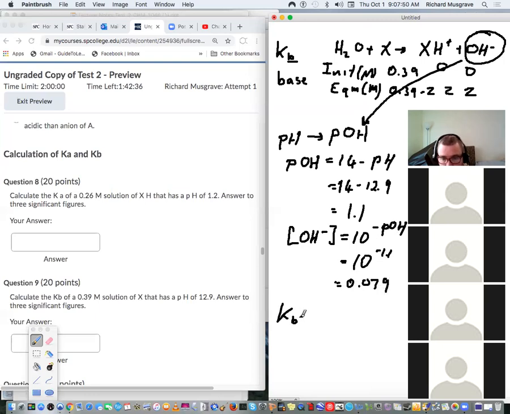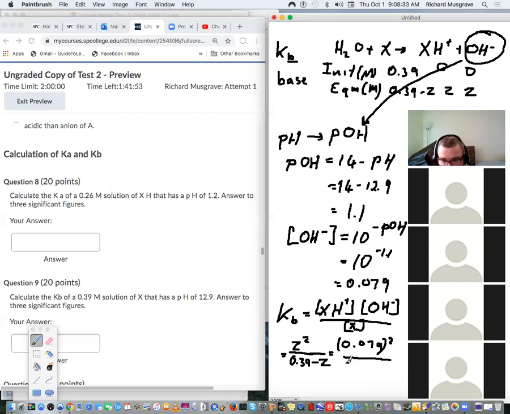And we do the same thing as we did previously. So the Kb is going to equal the XH plus, OH minus, over the X, which is going to be Z squared over 0.39 minus Z. And that would be 0.079 squared over 0.39 minus 0.079.